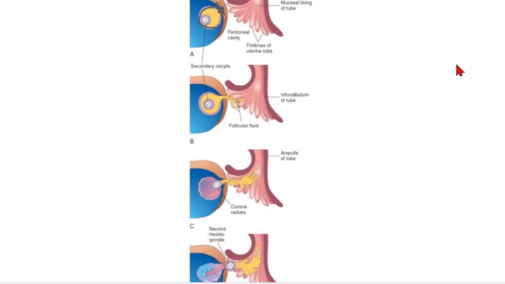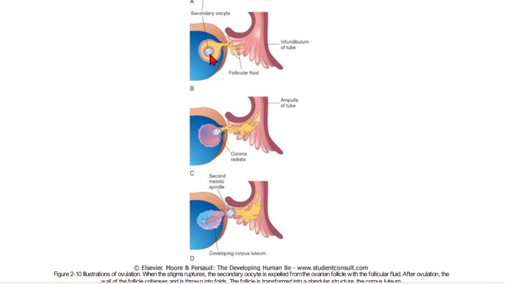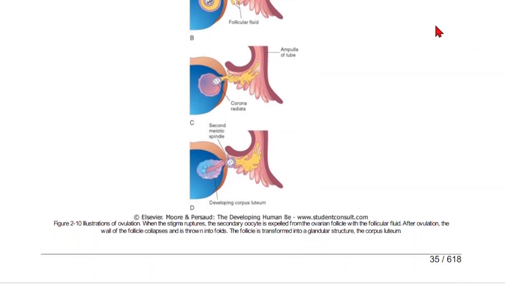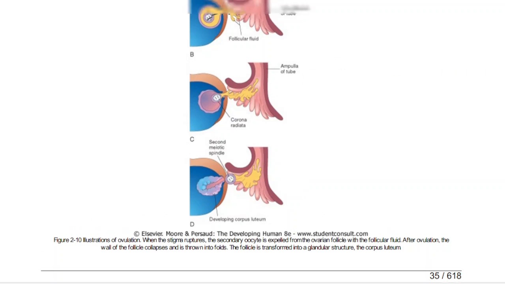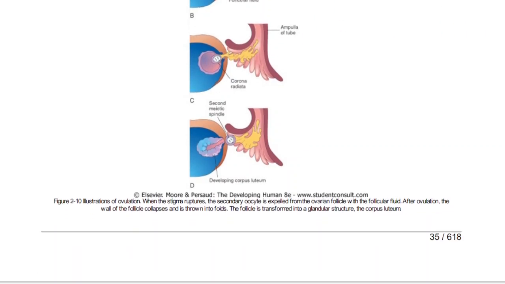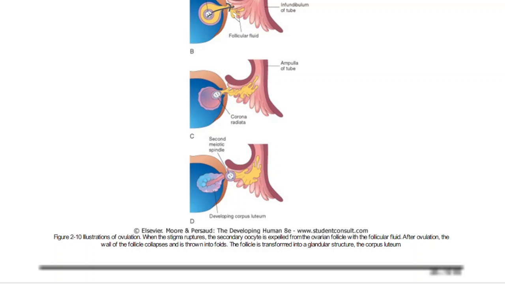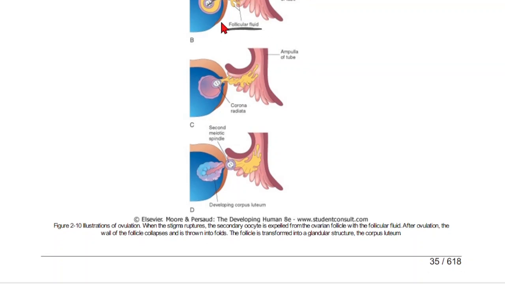Due to this area, the primary oocyte ruptures through it and ovulates from this area. When it ovulates, along with the corona radiata, the follicular fluid also moves out. When this fluid moves out, there is movement. This is the fimbria of the uterine tube, and they move like a sweeping movement.